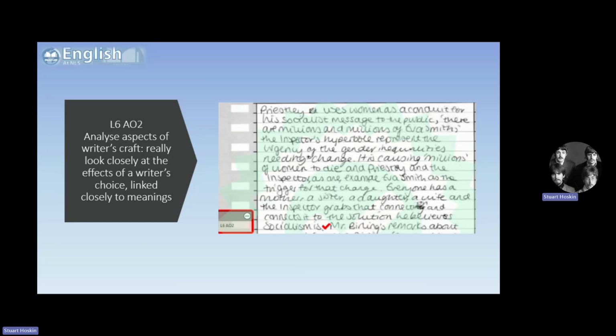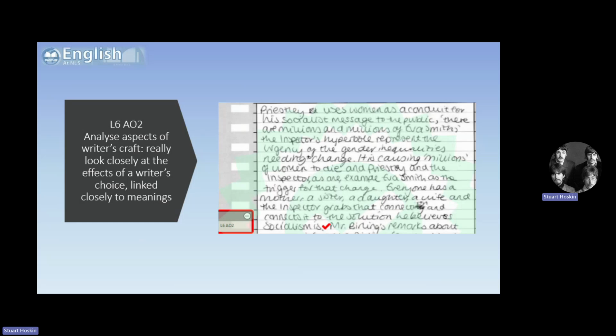And let me explain to you how they have. This is an Inspector Calls response, or part of one, in which this person was awarded, as you can see, level 6 AO2 at that particular point. So this is where they moved from level 5 into level 6.